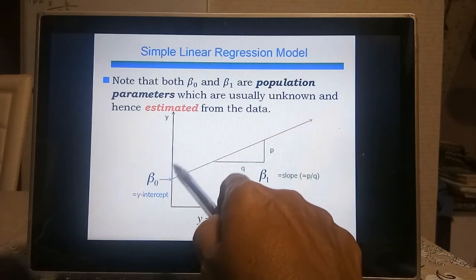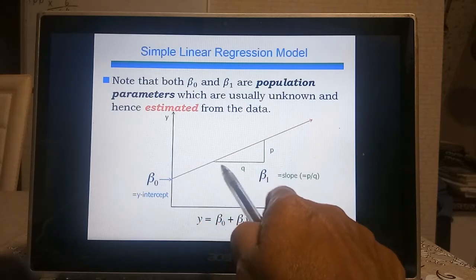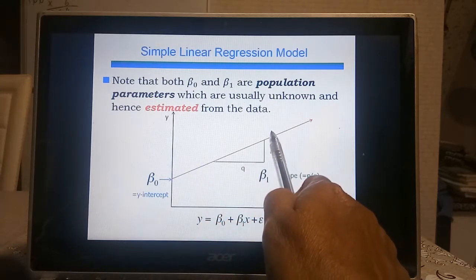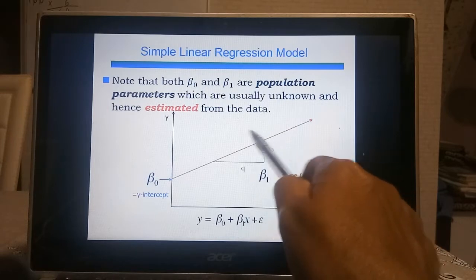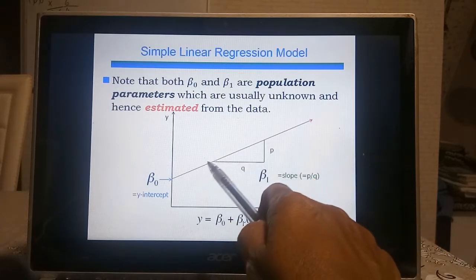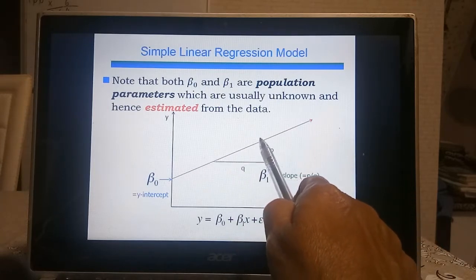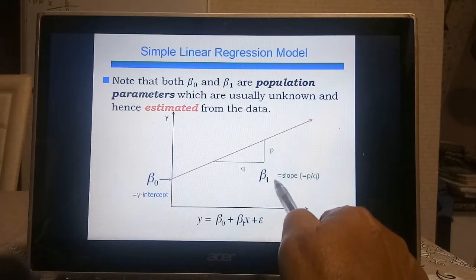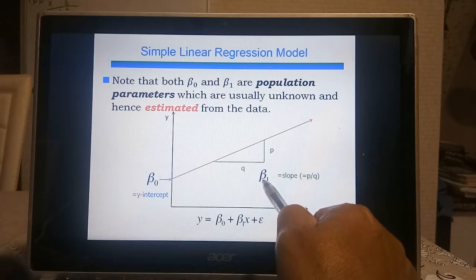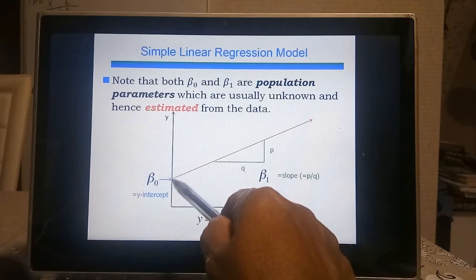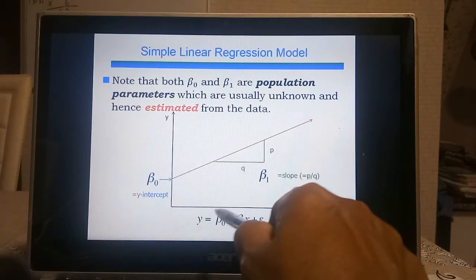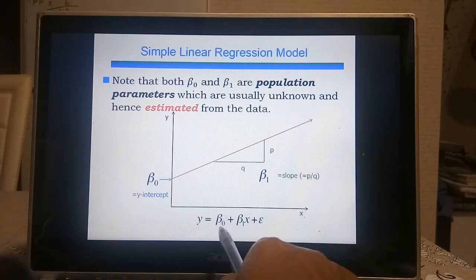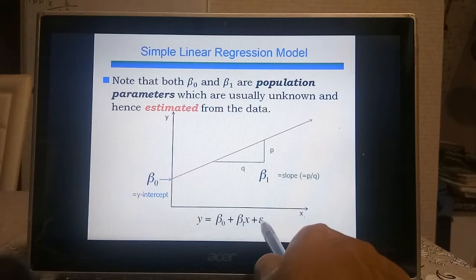So yang ni kita kena estimate daripada data yang given dalam scatter plot. Daripada scatter plot tu kita dapat data dan kita dapat satu line yang melalui data-data tersebut. Dan daripada line tu kita boleh estimate apakah kecerunan iaitu b1, beta 1, and apakah y-intercept b0. Then only kita dah boleh dapatkan regression line which is given by y equal to b0 plus b1x plus error.